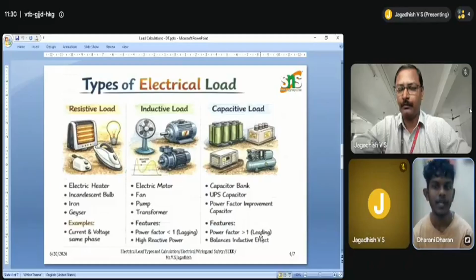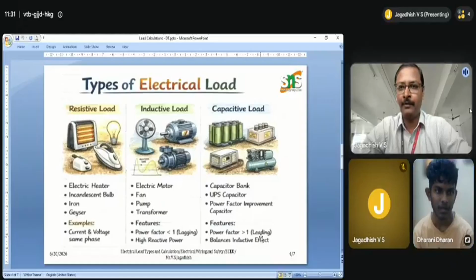Inductive loads are electric motors, fans, pumps, and transformers, which feature a lagging power factor. Capacitive loads are capacitor banks and UPS capacitors, which store electricity, and their power factor is below one, leading, which balances inductive effects. These are the three basic types and the devices that come under them.